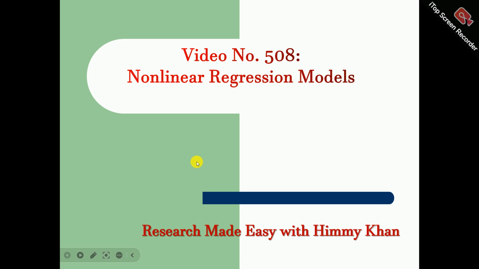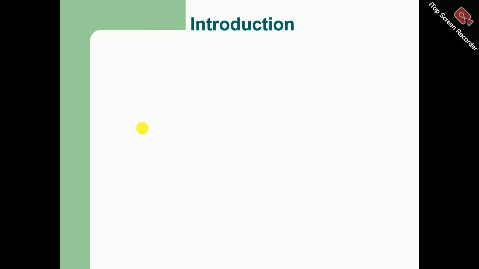The present lecture is based on nonlinear regression models. So far, we have been discussing linear regression models and various aspects of the classical linear regression model. So the question is, what is the difference between linear and non-linear regression models?